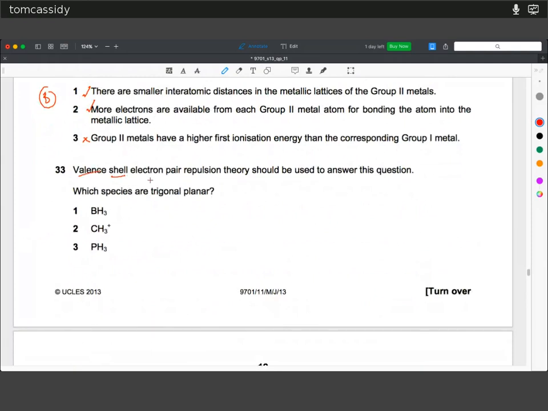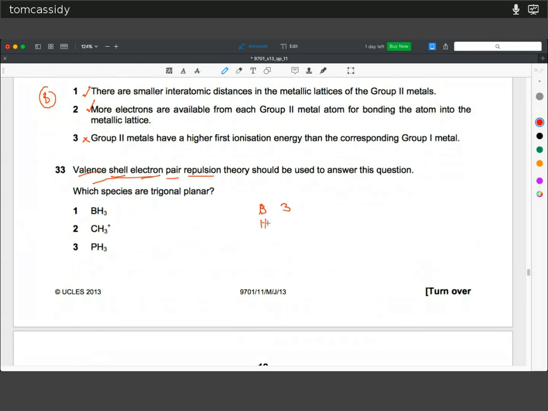Valence shell electron pair repulsion. Okay, you've got to use all of that information to answer this question. I'll just run through this here. Easiest way to do this is really to take boron, talking about its number of electrons in the valence shell. If you look up the periodic table for boron, it has 3 electrons in its valence shell.